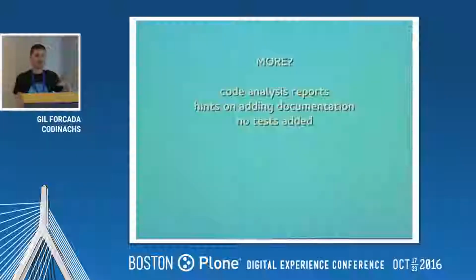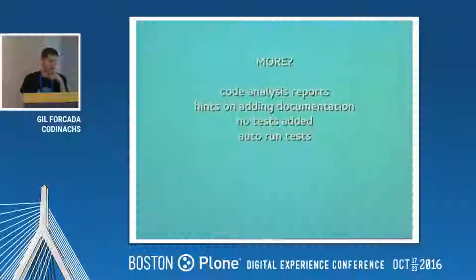Of course, if you just change functionality or fix things, again, it would be nice to have them, but that's probably something that people used to Travis would like to have, that we auto-run tests. Of course, our tests are quite slow to run.